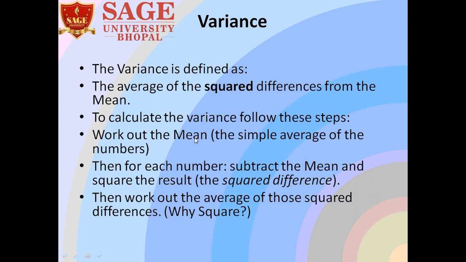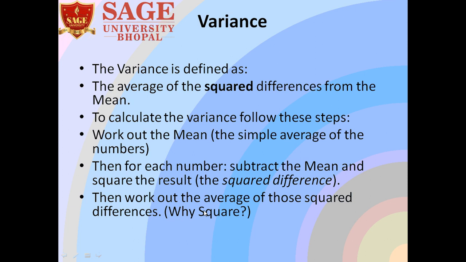First we get the mean, then subtract the mean from each value and square the results, and then work out the average of those squared differences. Why have we taken this square?